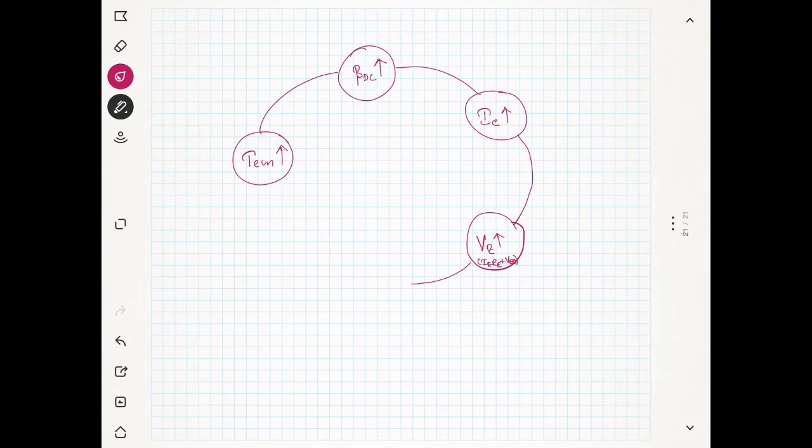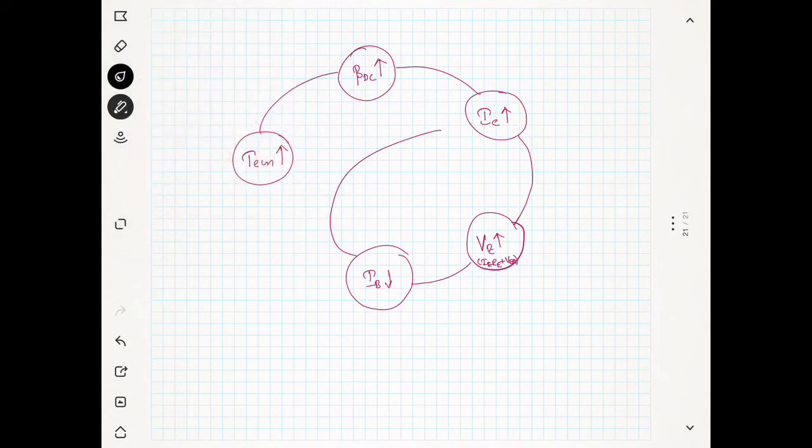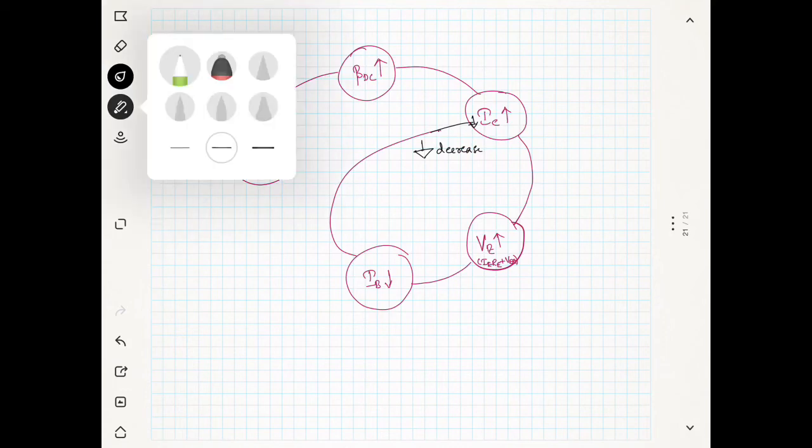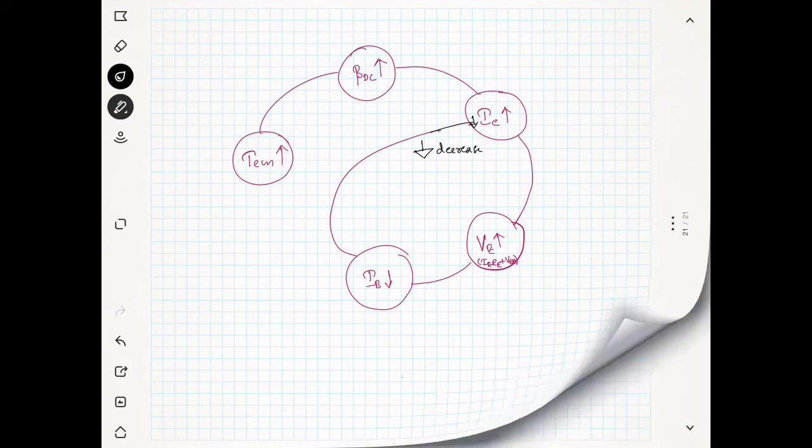Since VE increases, it will lead to a reduction in IB, and finally a reduction in IC. So IC will decrease. Okay, so this is what is happening in the case of emitter bias.